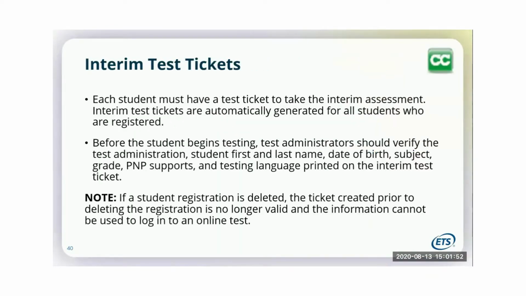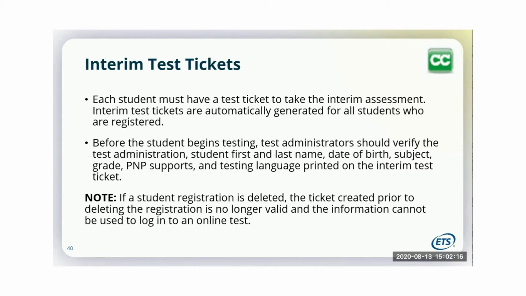Again, those are about interim test tickets. This is just some general information, which I've briefly discussed, but re-emphasizing the fact that you do want to verify the PNPs ahead of time. That information is contained in the system, and it's contained on those test tickets. While you can make a change of PNPs after a student started testing, again, you're going to have to do it manually.